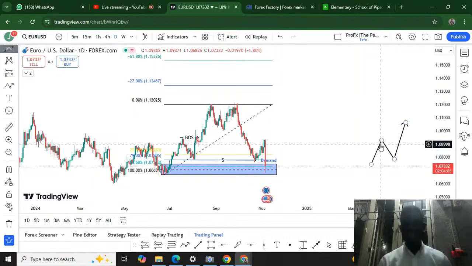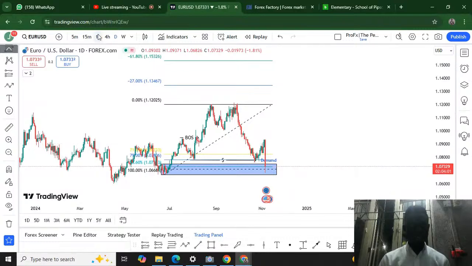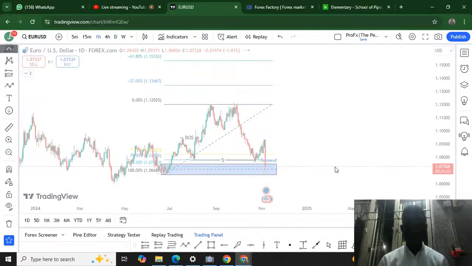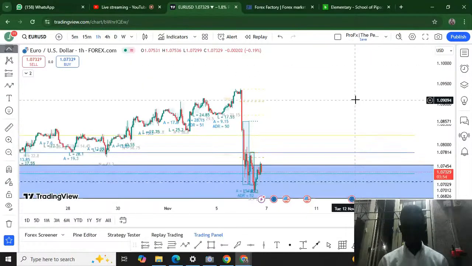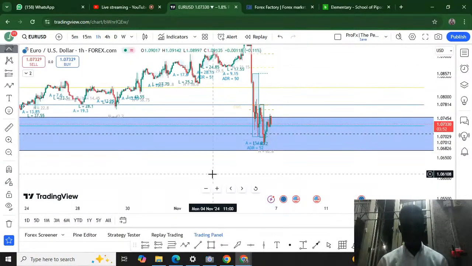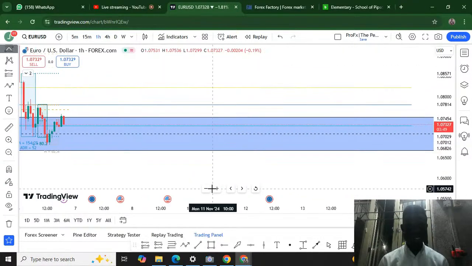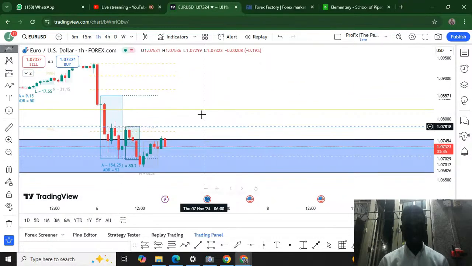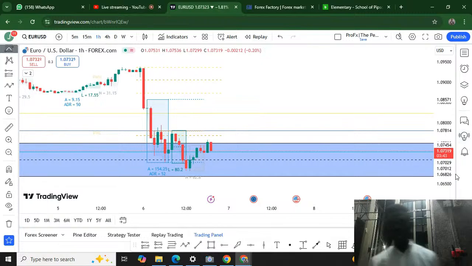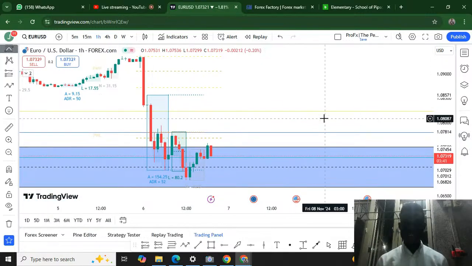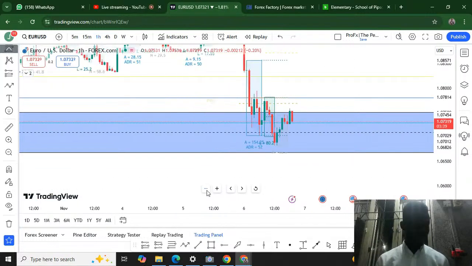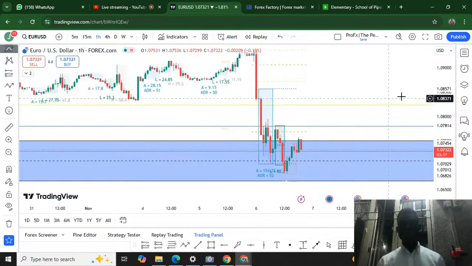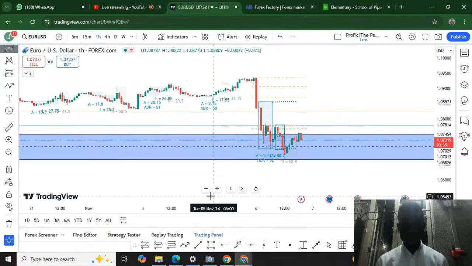So on time frames like 1 hour, because this is daily, I want to see a bullish confirmation of candlestick or a change of trend on 1 hour. For daily time frame, 1 hour is going to be valid and reasonable. If the stop loss is too big on 1 hour, you can now go to 15 minutes.